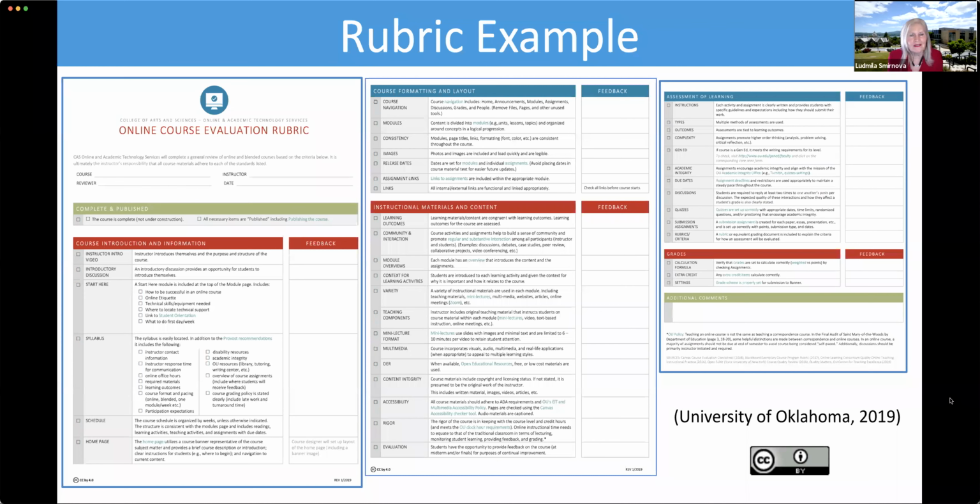The categories there, you see there in color, are course instruction and information. On the left side, there are categories of what the peer evaluator or any evaluator is looking at. Instructor: is there information about the instructor?